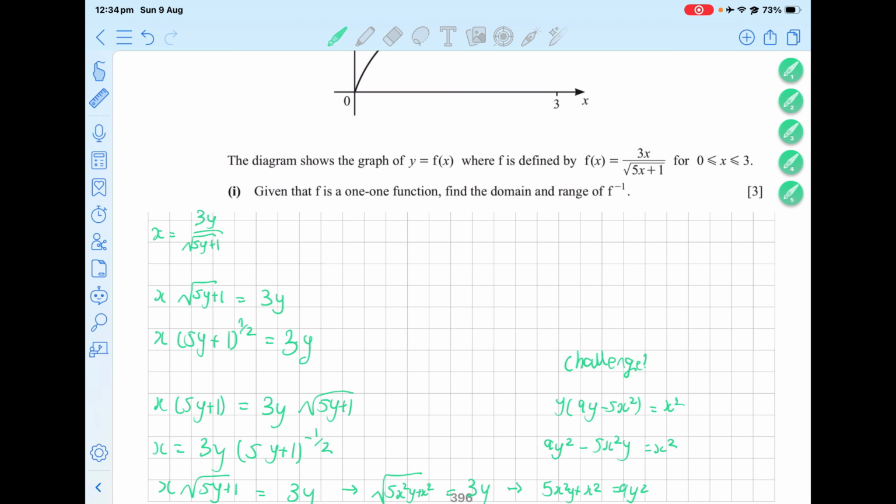So the domain, range I know is going to be 0 is less than or equals to f inverse of x less than or equals to 3. Wait, I think that enlightens me with an idea which I might test later on.